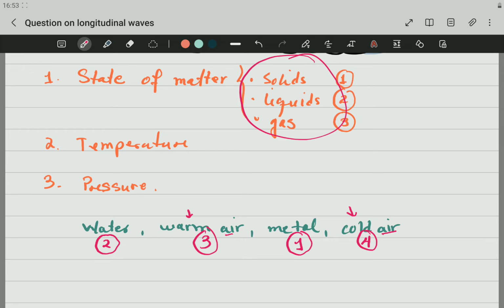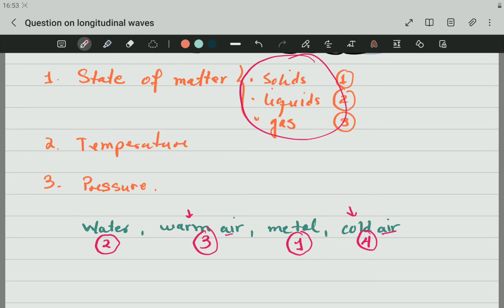That is from faster to slower. The other way around, from slower to faster, you start with cold air, then warm air, then water, then metal. So you have to look at the question, what do they want? They want from slower to faster. So this is the answer for this specific question.